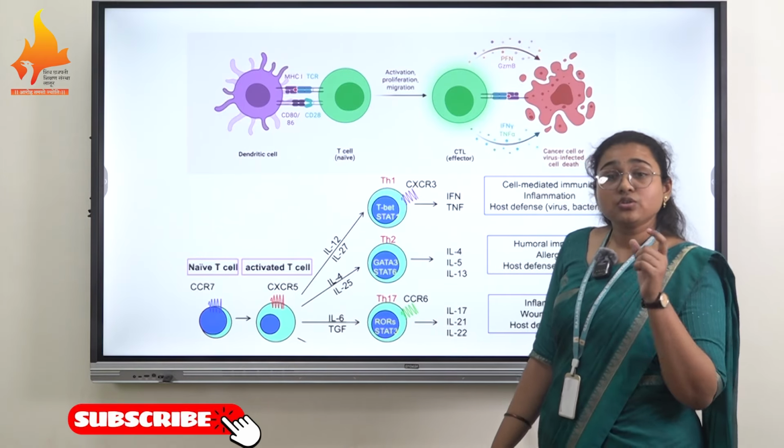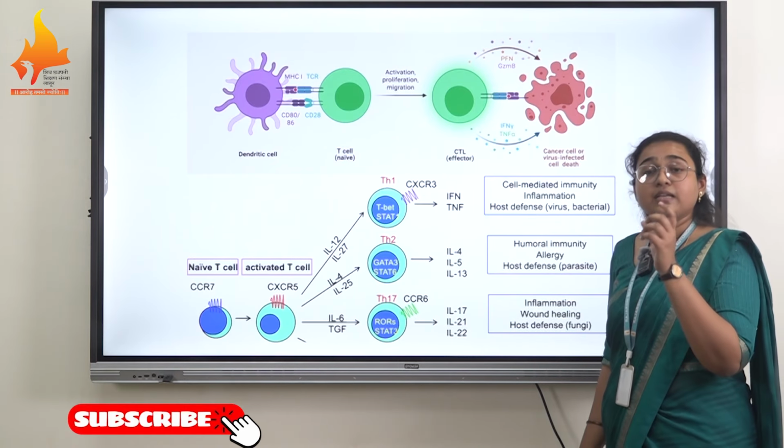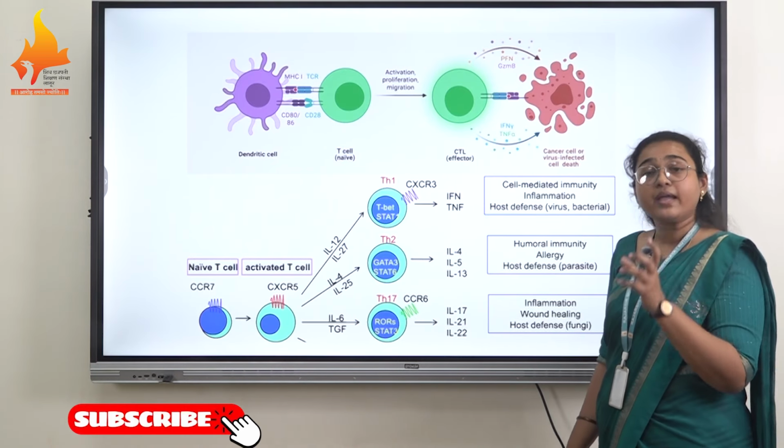For the activation, both B cell and T cell migrate to the peripheral lymphoid organ, which is also called a secondary lymphoid organ. Upon activation, the T cell is activated via APC cells. APC cells are the antigen presenting cells. These cells present the MHC molecule on their cell surface.